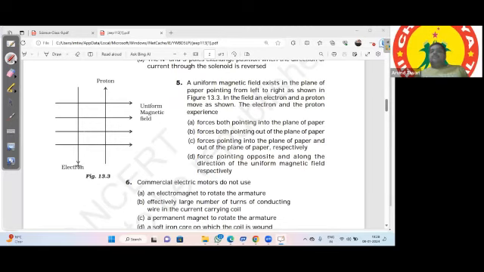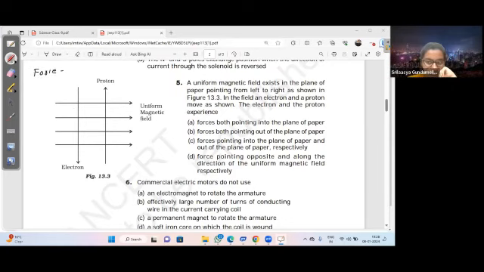So this is from top to bottom like this. In the paper, this is the direction of electrons, the downward direction, and the upward direction is of the proton. Okay.